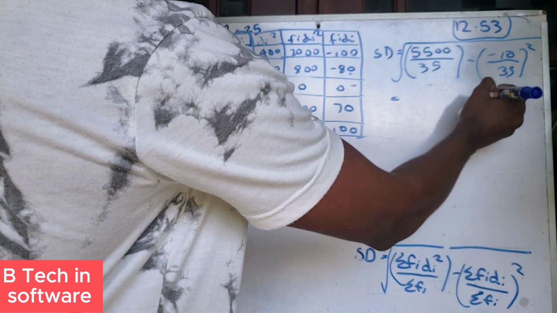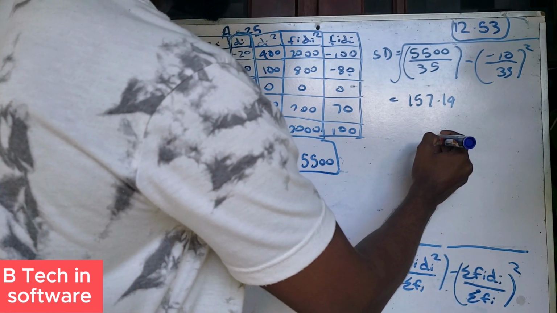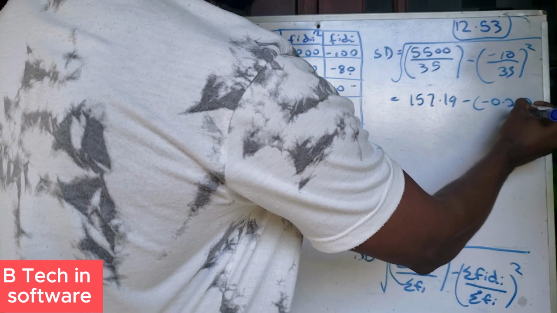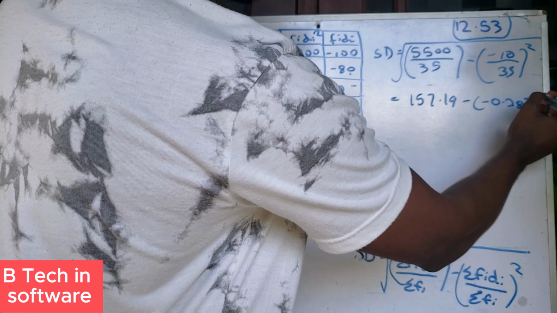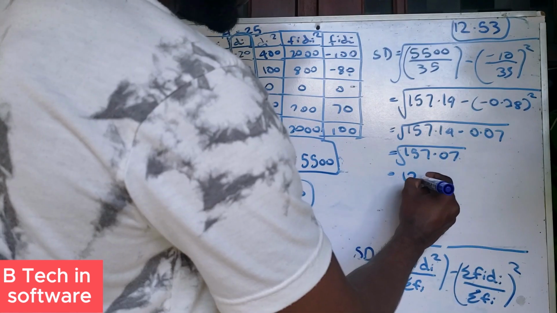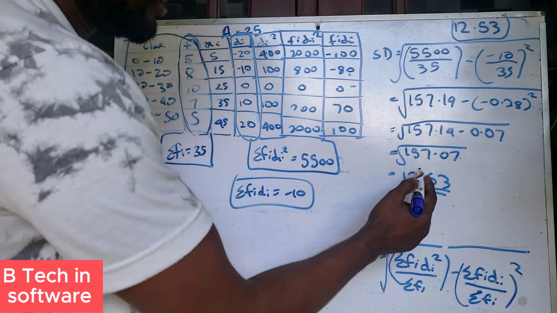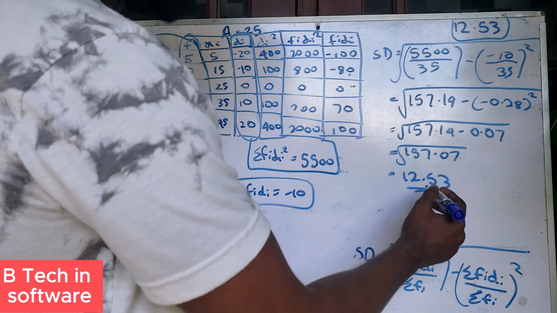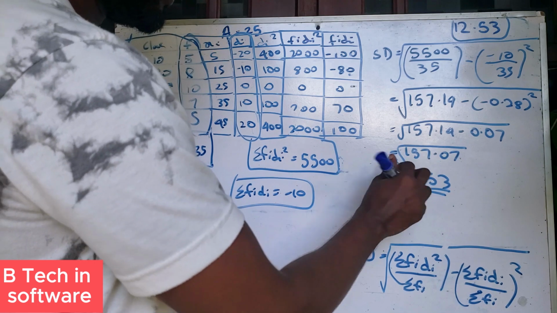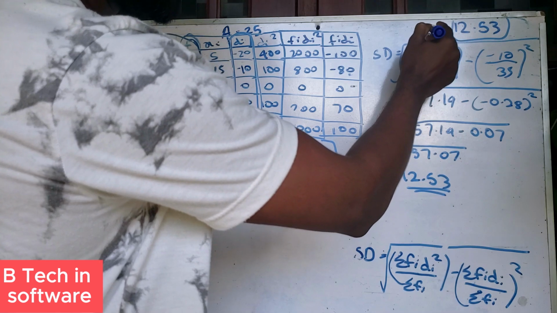Let's simplify these two. We will get 12.53. Now you can see this result we got by using assumed mean, and this result we got by using without assumed mean.